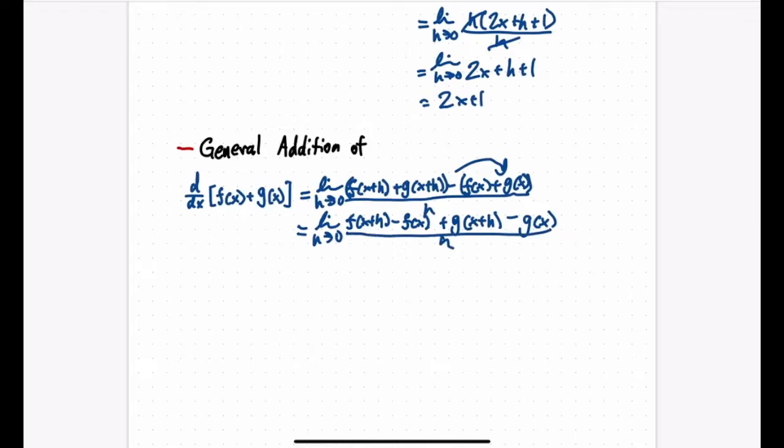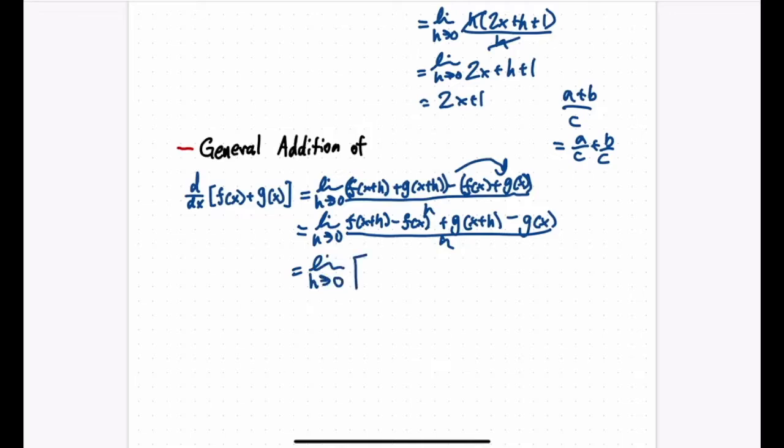And we know from previous younger grade knowledge of fractions that a plus b over c is the same as a over c plus b over c. So we can split up these fractions, apply the limit to all of them.